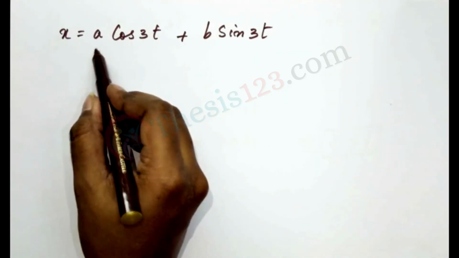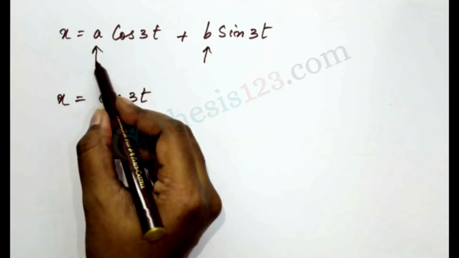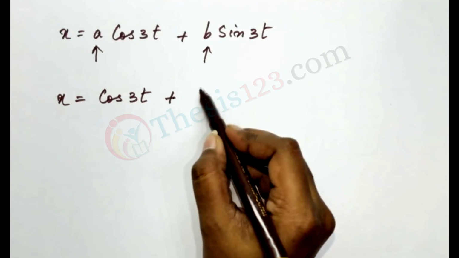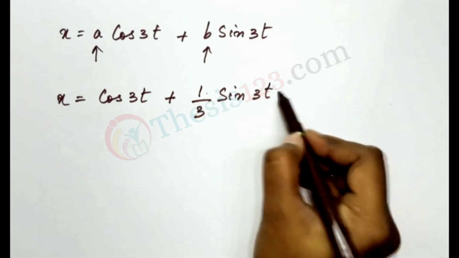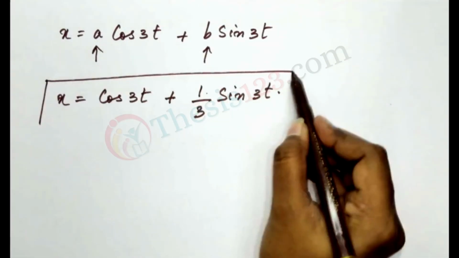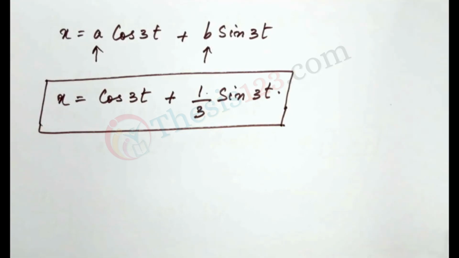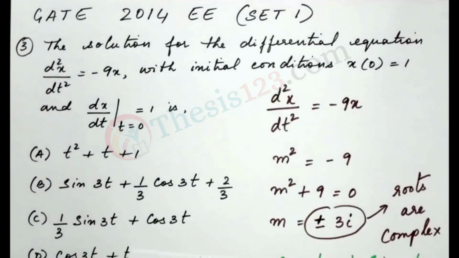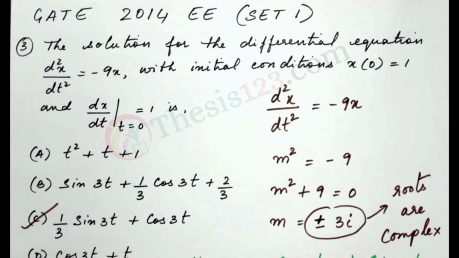Substituting the values of a and b, we get x equals cos 3t, because a is 1, plus 1 by 3 sine 3t. So this is the final solution. Let's check which option it matches. It matches option C. This is the final answer, and I hope it has helped.